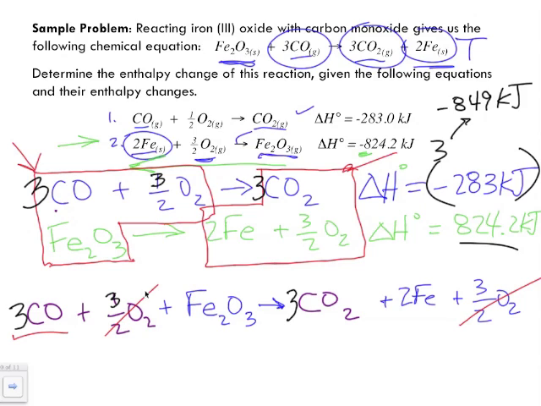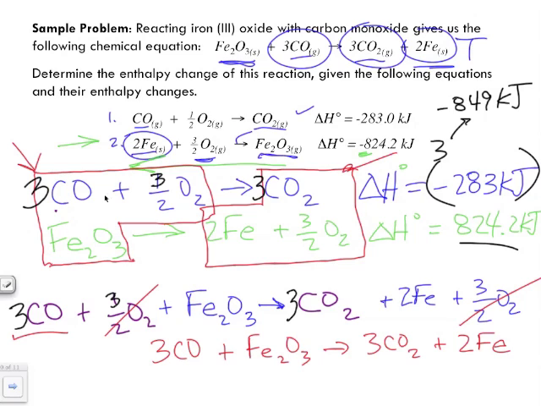So in actuality, our end result is our actual equation: 3 moles of CO plus 1 mole of Fe2O3 to produce 3 moles of CO2 plus 2 moles of Fe. Exactly like our target up here.